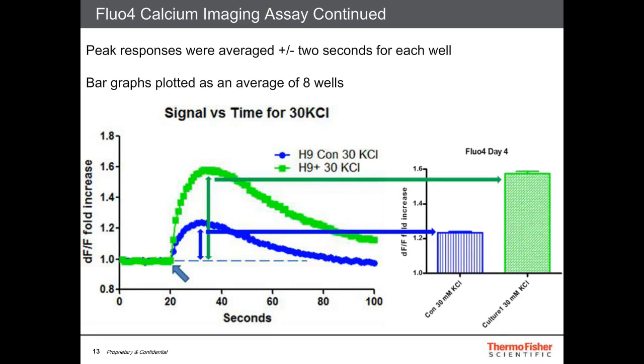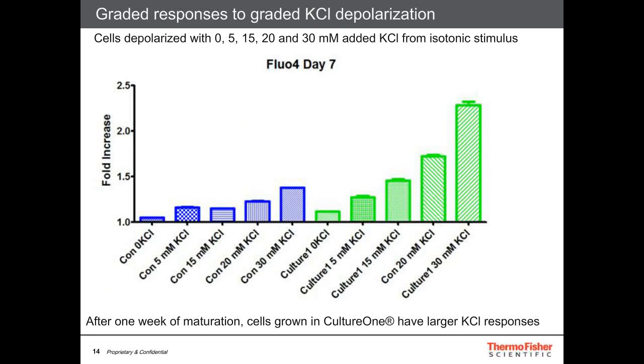All I've done is export the peak and the time period of 2 seconds on either side of it from each well, and place those into a spreadsheet and average them with the other samples. In this case I did 8 wells per sample, and I average them against each other to give the size of the response in the various conditions.